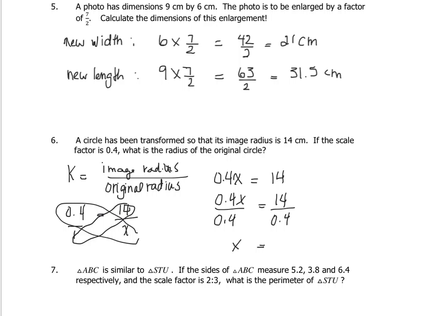Which means X would be 14 divided by 0.4, which would be 35 centimeters. And that makes sense because the scale factor was 0.4, so the image should have a radius that's less than the original. So this would be the original radius.